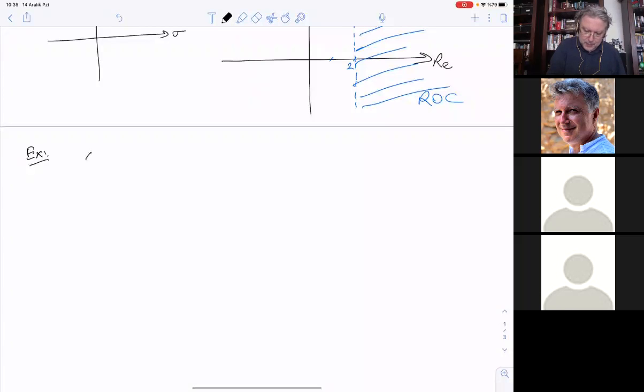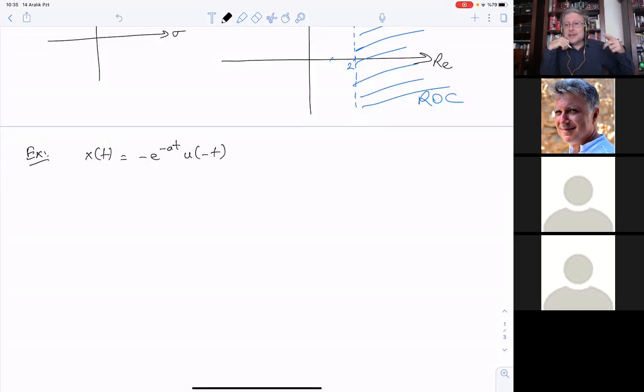This example is x of t equals minus e to the minus at u of minus t. It has a u of minus t, so it's not extending to the right side. On the t-axis, it is extending to the left-hand side. If a is positive, it will be a growing exponential towards the left-hand side.